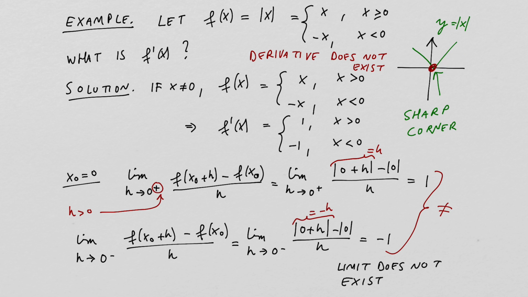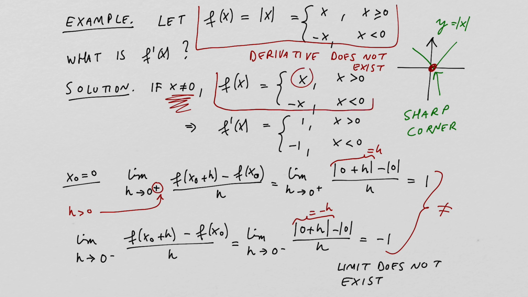We can get this result also by calculating. We have the formula of our function, and let's restrict to the case where x is not 0. So our formula is this one, and we can differentiate these expressions here to get 1 and minus 1.